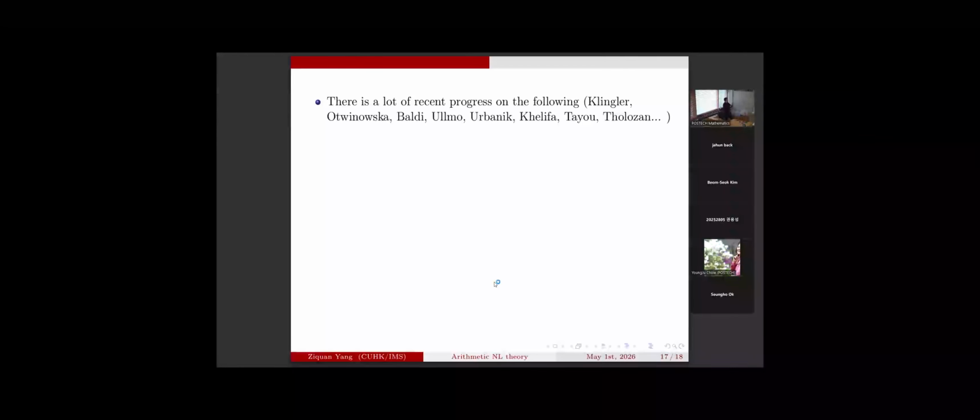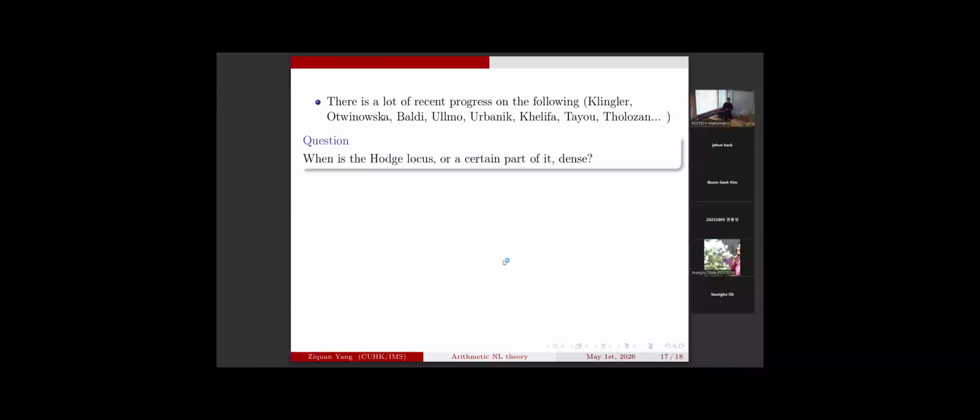This is an incomplete list because of space. But the question is, given a polarizable VHS, when is the Hodge locus, in other words, the locus where you have extra Hodge tensors, or certain part of it, dense?